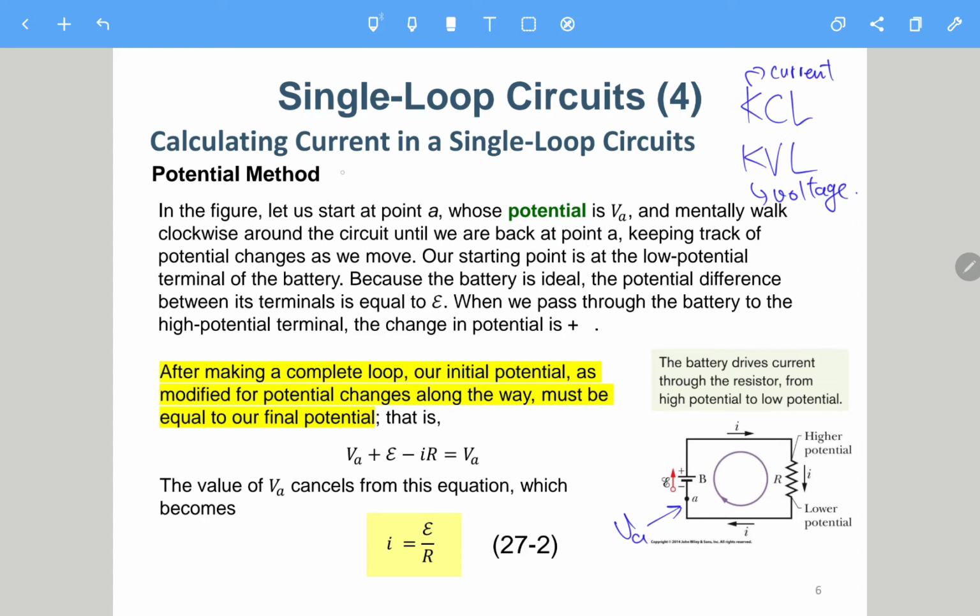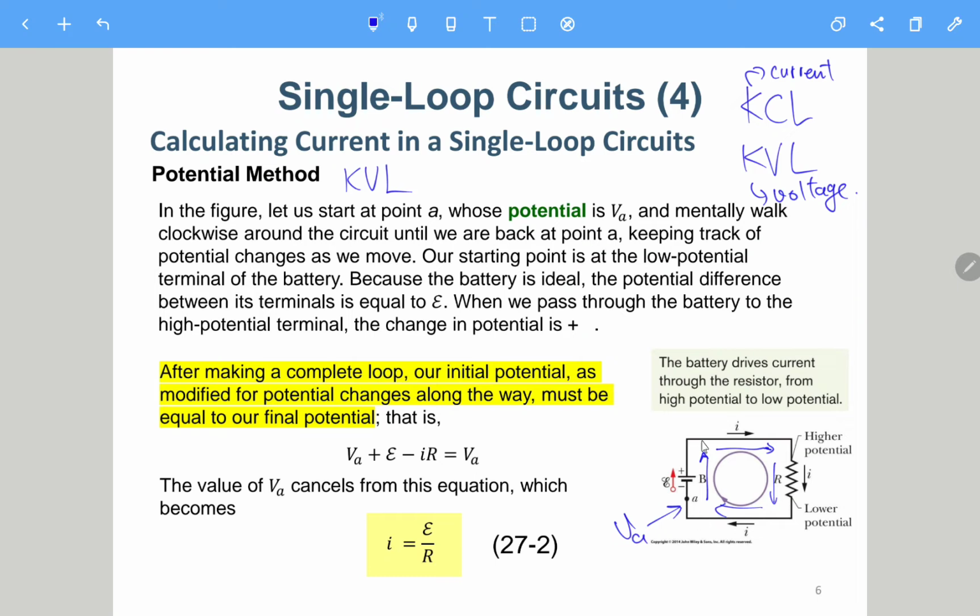Actually this potential method is the KVL. So it says this is a complete loop. You can just start from this point and go clockwise or counterclockwise. It doesn't really matter.